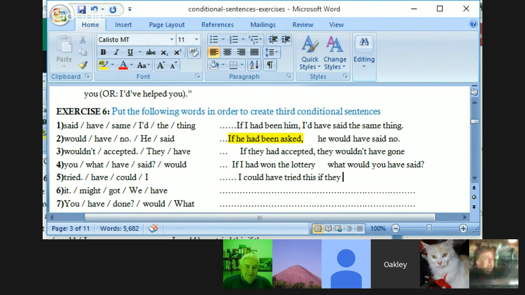I don't know the past of this verb. Encouraged? Yes, so what is the verb form here? Had encouraged in the past. Okay. I could have tried this if they had encouraged me. I guess that would probably work.